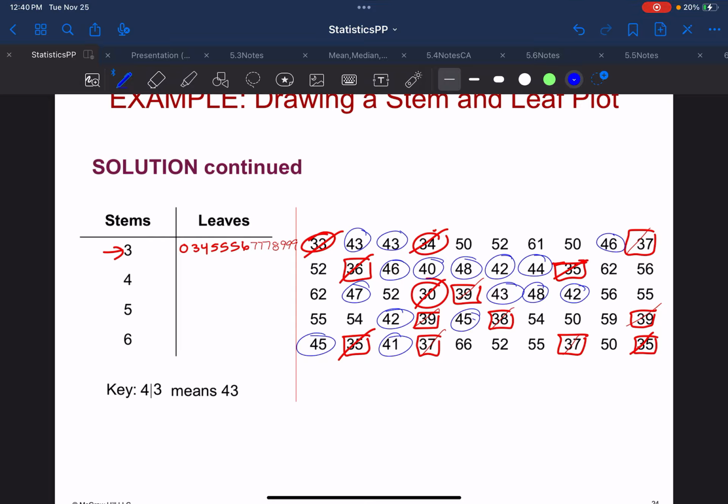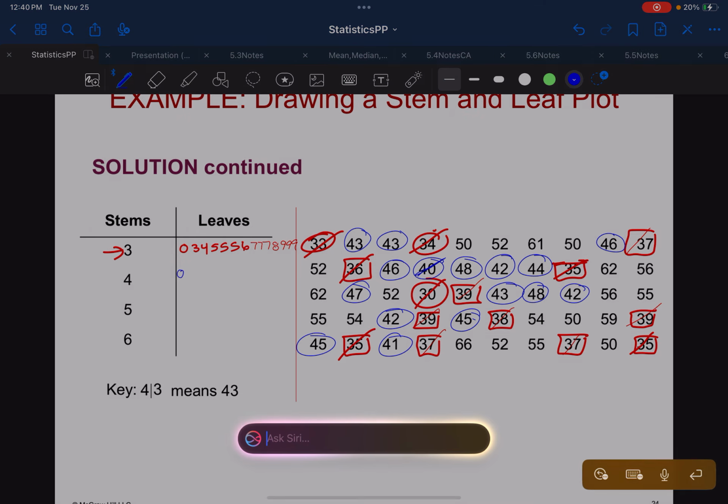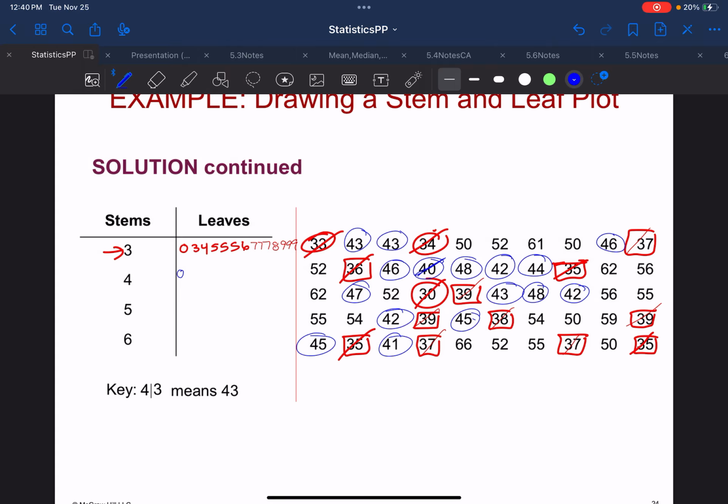So I have 1 40. So I'll cross that out and put my 0 for my leaf. And then I see 1 41. So I'll have a 1 there. And I have 1, 2, 3 42s. So that would be 3 2s. And then I have 1, 2, 3 43s.